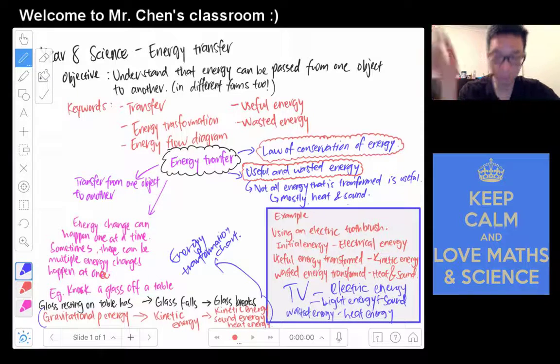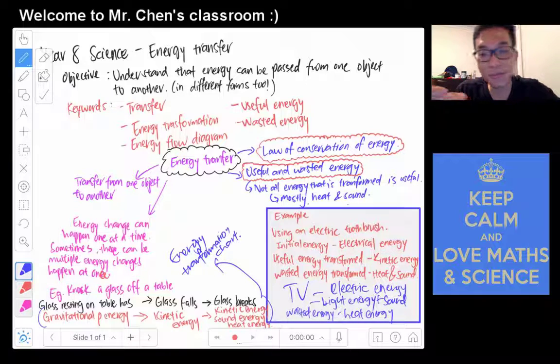That's why it is not good. That's why they have this thing called the 5-star energy rating. If you buy a fridge and stuff, or even cars, some are more energy efficient than others. You just need to shop around and find out which one converts most of the initial energy into useful energy.